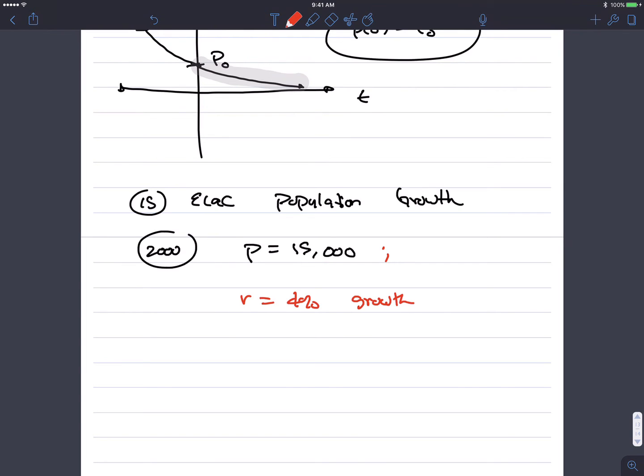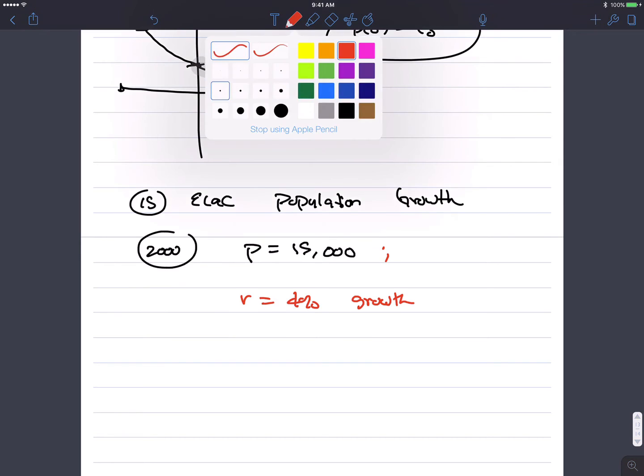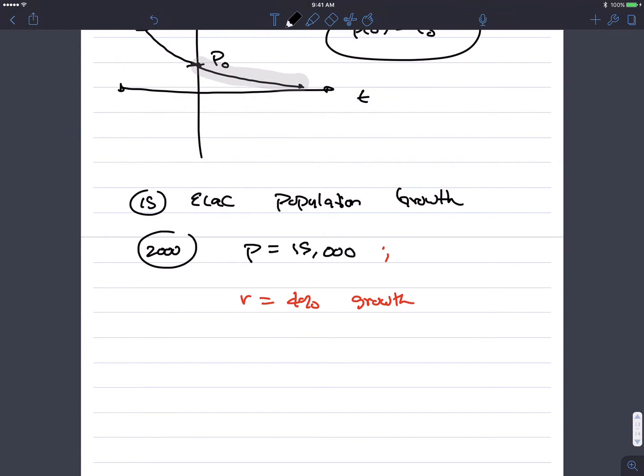And then here's a question. What is ELAC's population in 2012? So the question here is this: in 2012, what is P?